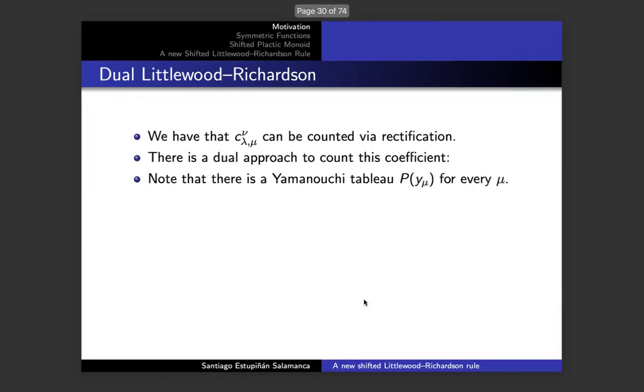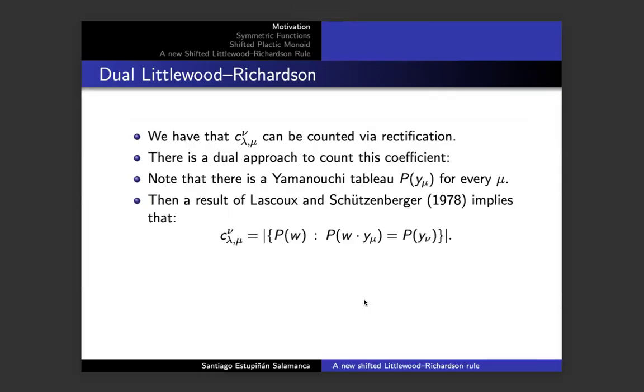And if I take a Yamanouchi tableau as my target, then a result of Lascoux and Schützenberger implies that I can obtain the coefficients by counting all tableaux such that when I concatenate a Yamanouchi word, having mu sub 1 ones, mu sub 2 twos, and so on, I obtain a Yamanouchi tableau containing nu sub 1 ones, nu sub 2 twos, and so on.